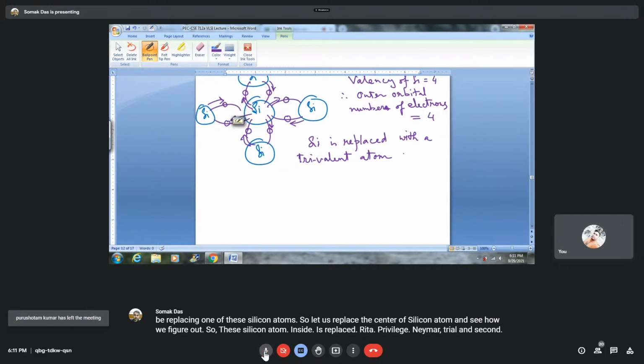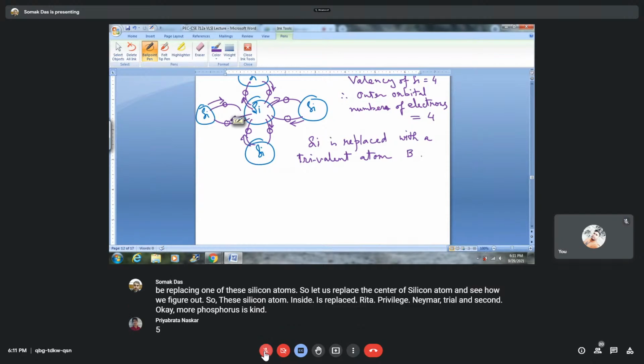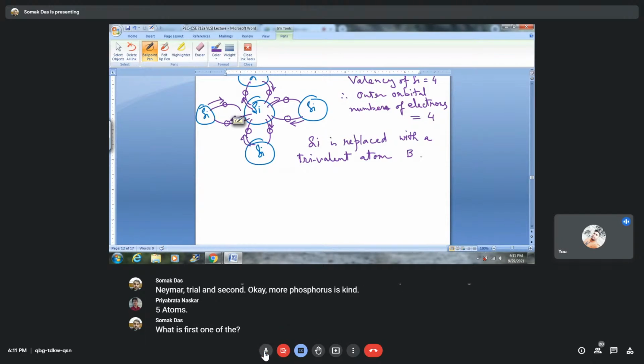Boron. Okay. Phosphorus is pentavalent, 5 atoms. What is the oxide name of phosphorus? P2O5. So what is the valency of phosphorus? 5.